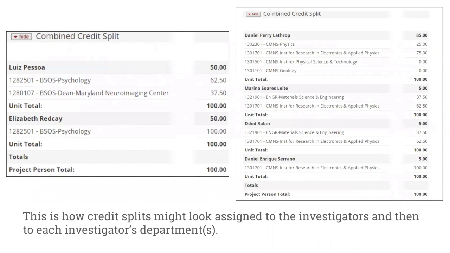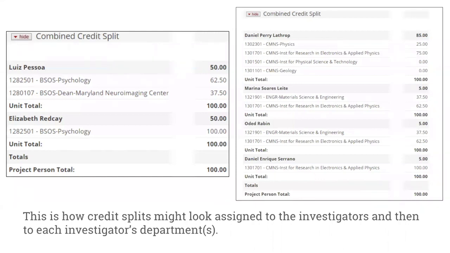I bring up this award to point out that Dr. Lathrop has elected to include 2 units in his credit split that have 0% credit. And that's because in Maryland's processes, 0% credit means something.